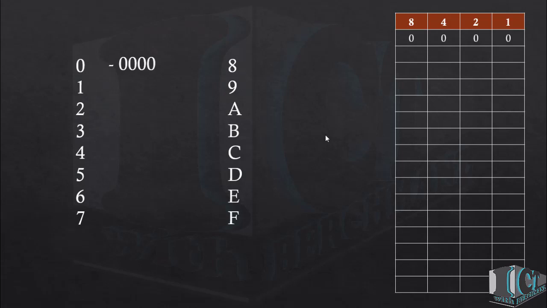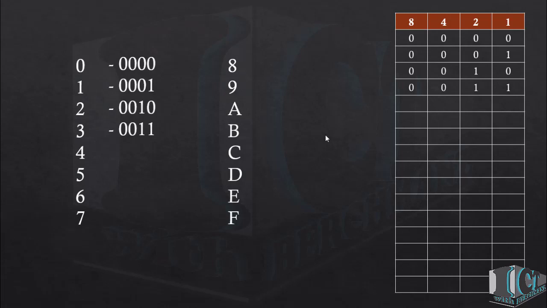To create 1, I just need to put 1 here and all the rest will be 0. So hexadecimal 1 is denoted by the binary value 0001. To create 2, I just need to put a 1 under 2. So the value for 2 would be this. 3 is 2 plus 1, so the 2 and 1 columns will have 1s, which will be denoted as 0011.